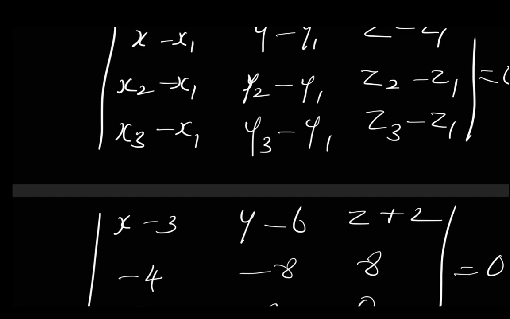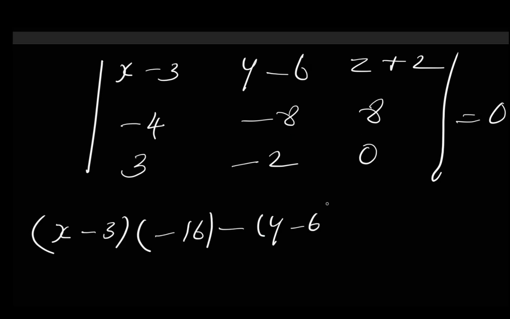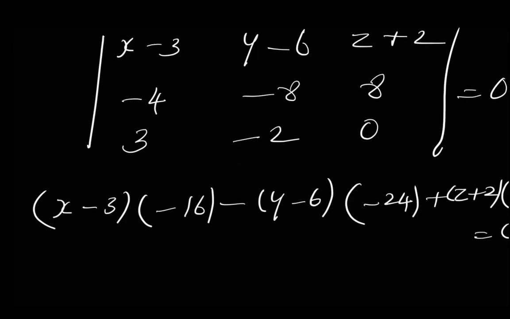Now do the calculation here. (x minus 3) into, leaving off this row and column, 0 minus 16, minus (y minus 6) into 0 minus 24, plus (z plus 2) into plus 8 minus 24, so plus 24, is equal to 0.